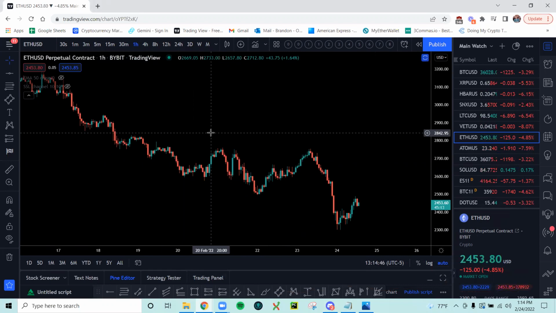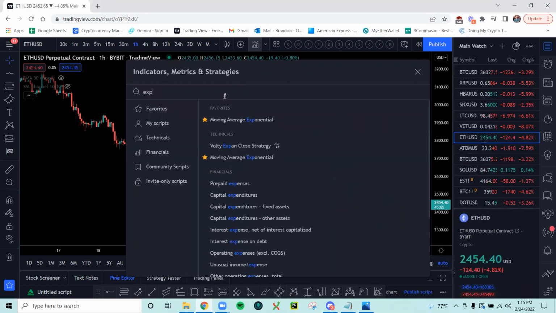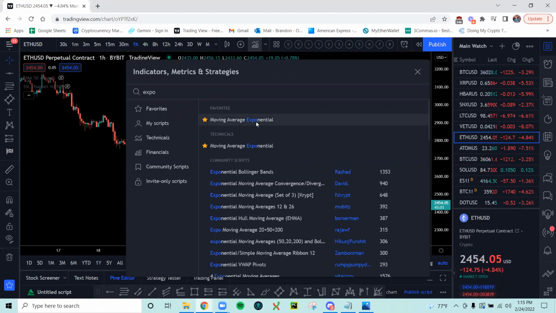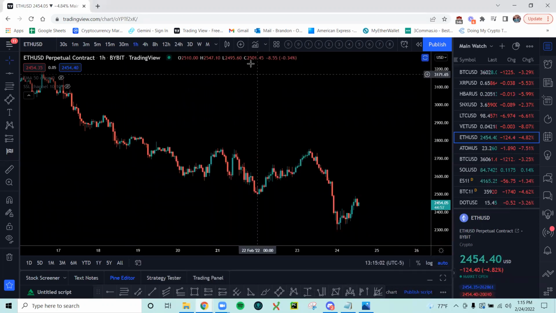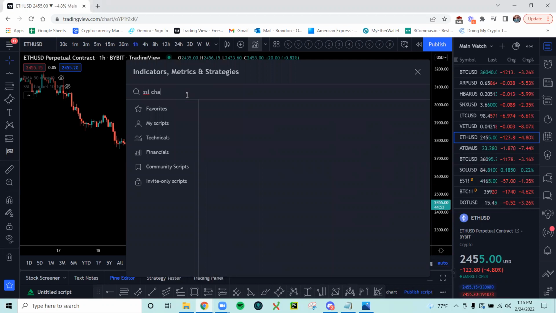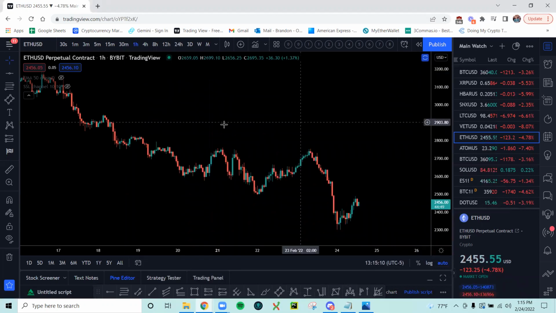Now, the two indicators that we're going to be using: you're going to click into indicators. The first one you're going to use is the exponential moving average. So you'll click on that one. And then the second one is going to be the SSL channel by Erwin Beckers.